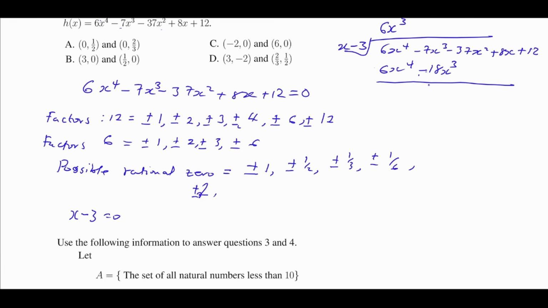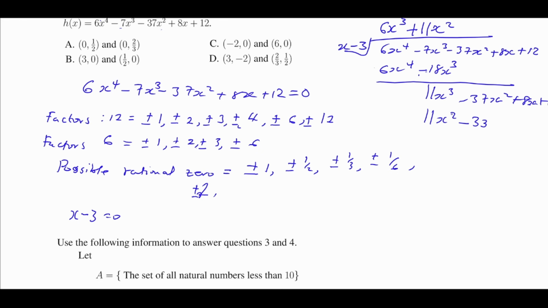So I have 11x cubed minus 37x squared plus 8x plus 12. And then we now divide: x squared going into 11x cubed gives us plus 11x squared, and that will give us 11x cubed minus 33x squared.